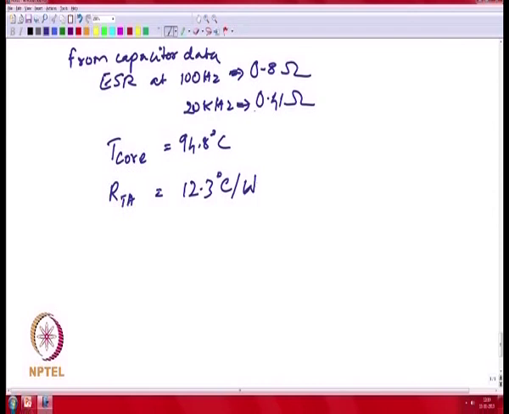So, using these ESR numbers, we could calculate what is the effective 100 hertz current that is flowing through the capacitor.